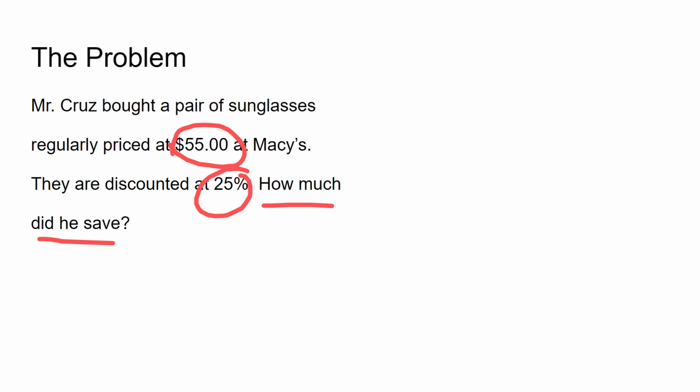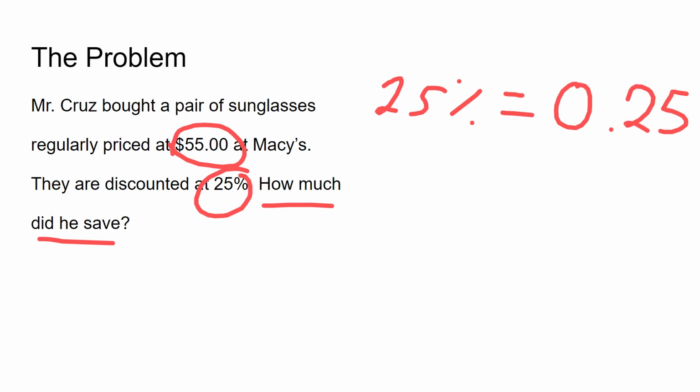So think to yourself, is this a one-step or a two-step problem? Is it asking us just for the discounted amount, or is it asking us how much I paid in total? It's asking us only for the discount, so this is really a one-step problem. The first thing is I have to turn 25% into a decimal, so 25% is going to turn into 0.25.